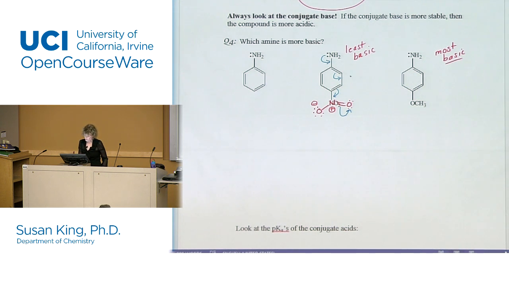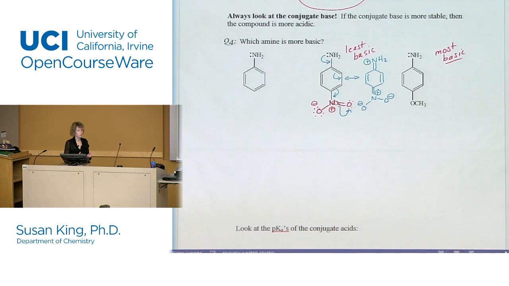Let me draw that extra resonance structure here. Again, I'm not going to draw all of them for each of these because they all have the same, but this one has an extra one. So what we have in this ring system is a very strong electron donating group and a very strong electron withdrawing group, ortho or para to each other.